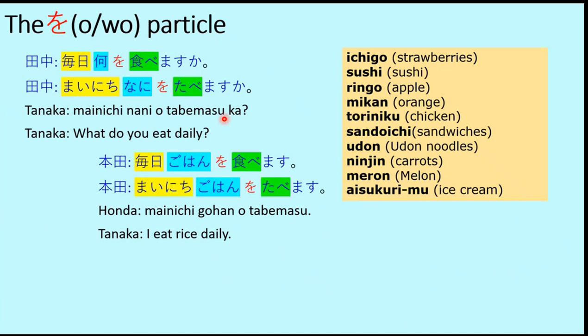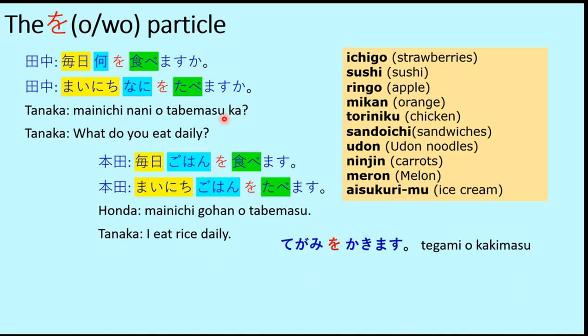Tanaka-san wa sandoichi o tabemasu. That means Tanaka-san eats sandwiches. Tanaka-san wa mainichi sandoichi o tabemasu. Watashi wa mainichi udon o tabemasu. Meron o tabemasu. Aisukurimu. This is ice cream. So aisukurimu o tabemasu.